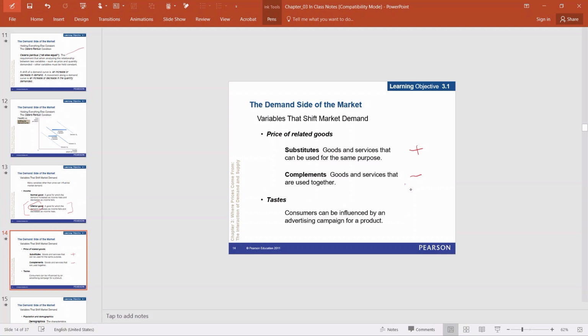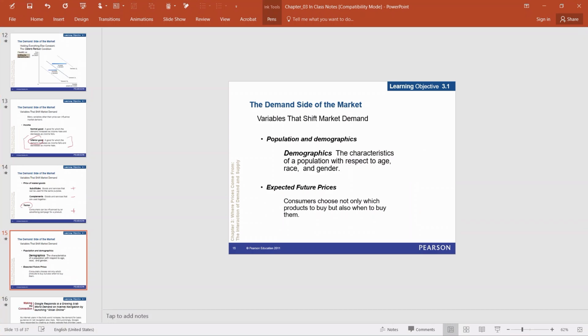This is another variable having an impact on the quantity demanded, which is taste, or tastes. So when people have a better taste toward one of the products, quantity demanded will increase, so it's a positive relationship. Also, population is related positively with the quantity demanded.